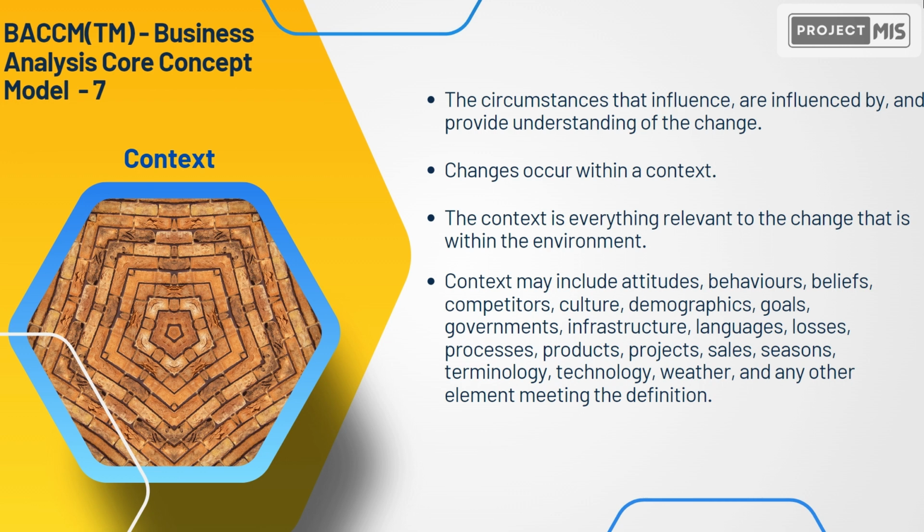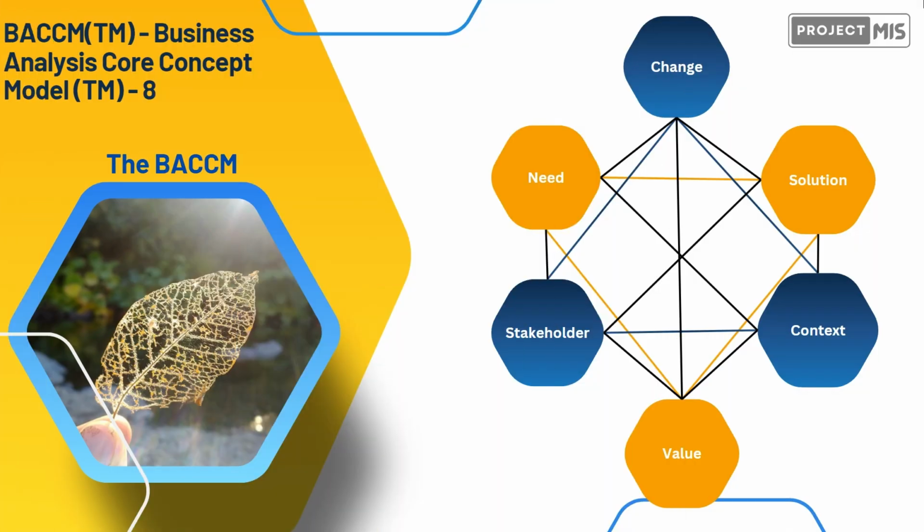So we have six different concepts which we are talking about, and this is a framework pictorial diagram: change, need, solution, stakeholder, context, and value. What we can get from this slide is that all these six concepts are interrelated.